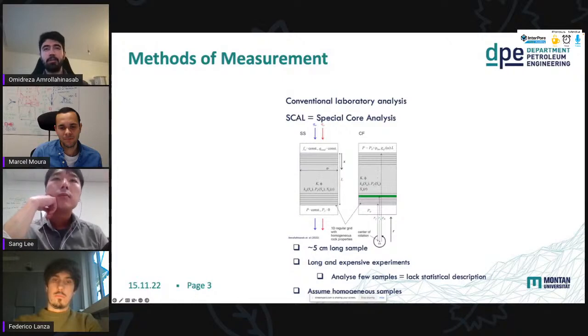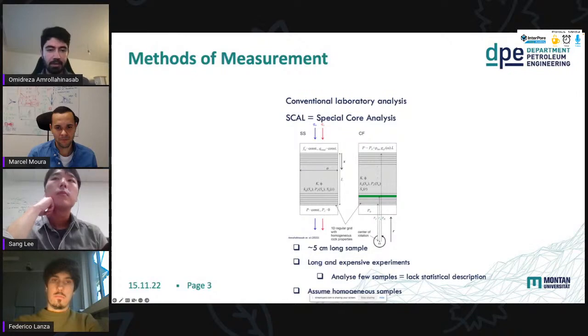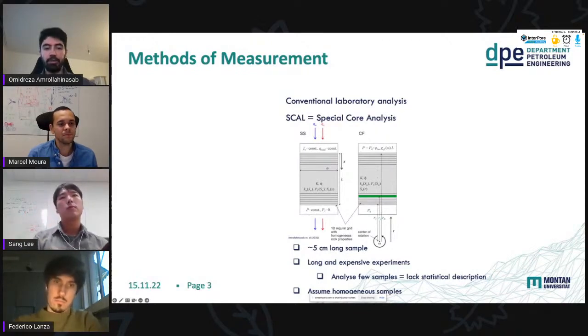Usually the samples here are about 5 centimeters long, and you assume that your sample is homogeneous, to be able to satisfy the assumptions of the formulas that you would like to use. These experiments, as I said before, are expensive and take a lot of time, so they do not let you easily have a statistical description of your rock type.